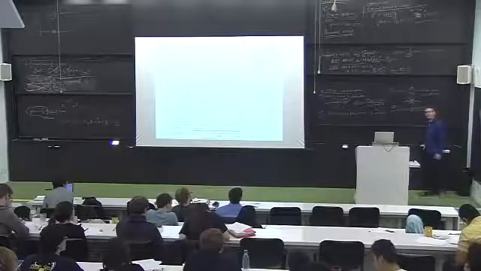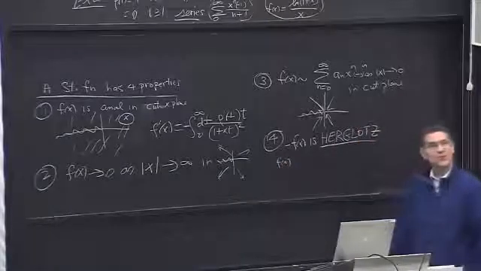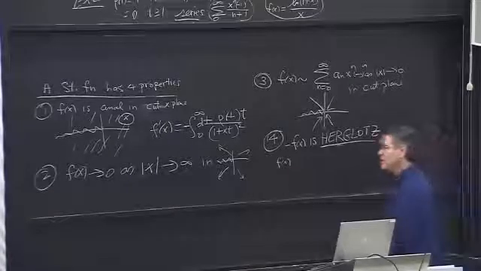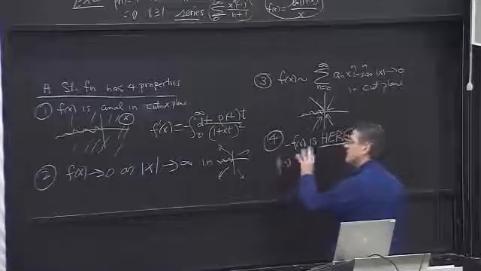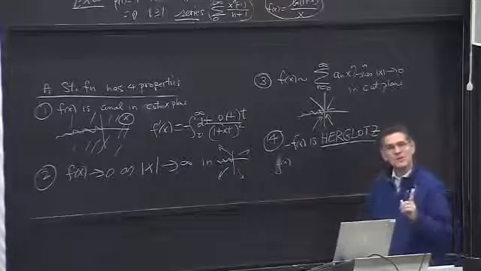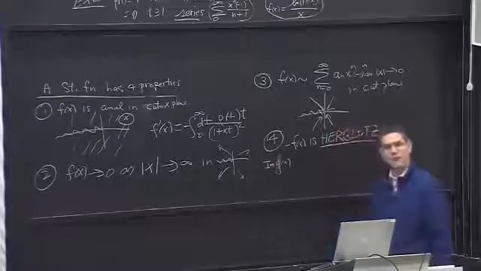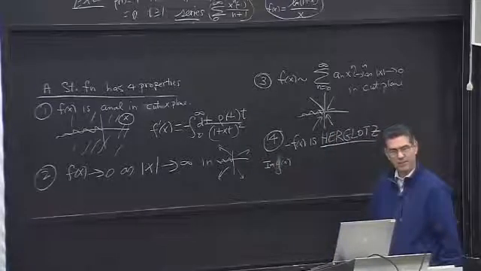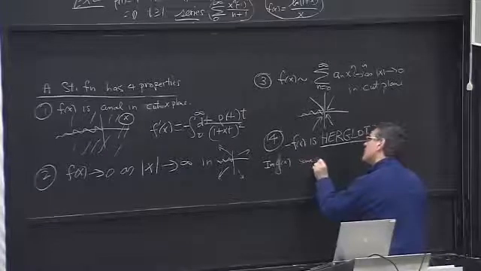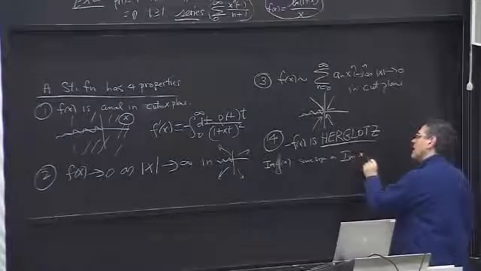If you have a function, f of x, that's complex, it is Herglotz if, let's call it g of x, some random function. G of x is Herglotz means that if you take the imaginary part of g of x, it has the same sign as the imaginary part of x.